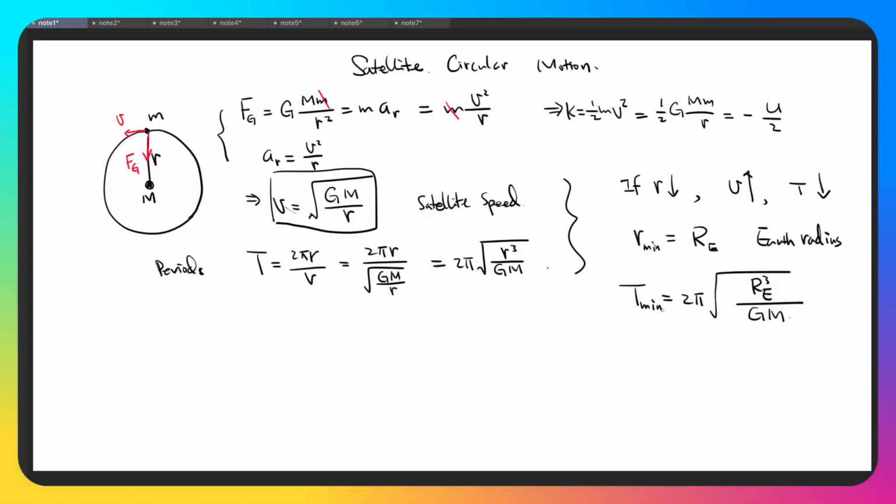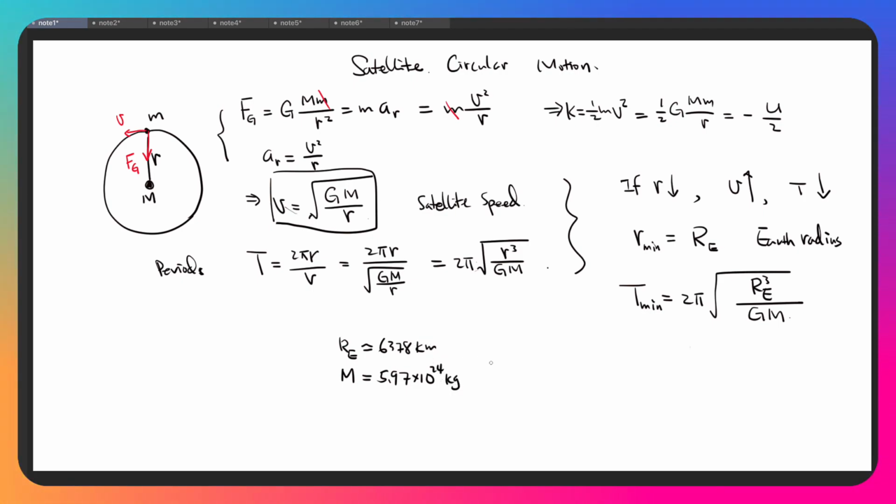Okay, now if I plug in the parameters for the Earth, so the Earth radius is about 6378 kilometers, and Earth's mass is 5.97 times 10 to the 24th kilogram.